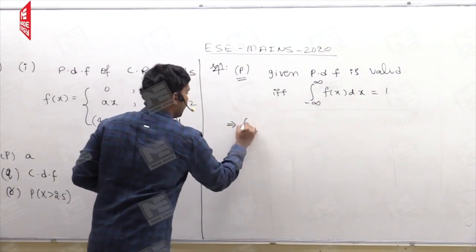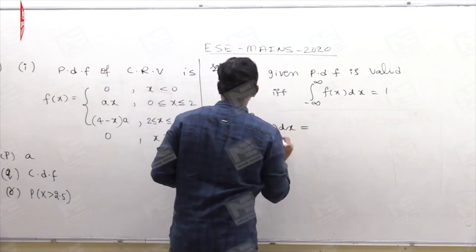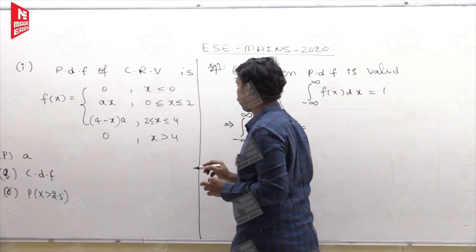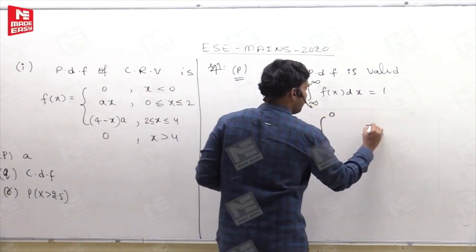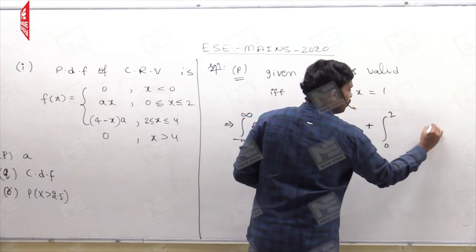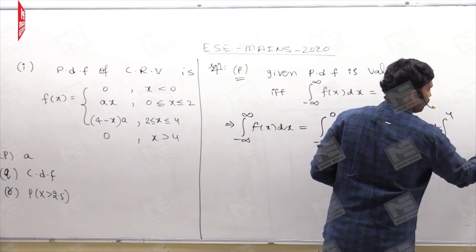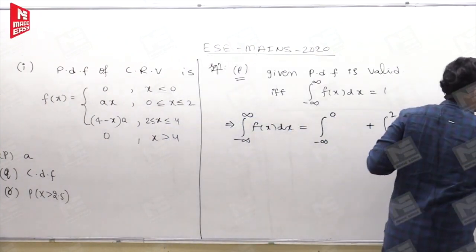So the integration from minus infinity to infinity of f of x can be written as follows, as the function is piecewise at 0, 2 and 4. Therefore we split this integration at 0, 2, 4 and infinity, right? All these integrals must sum to 1.